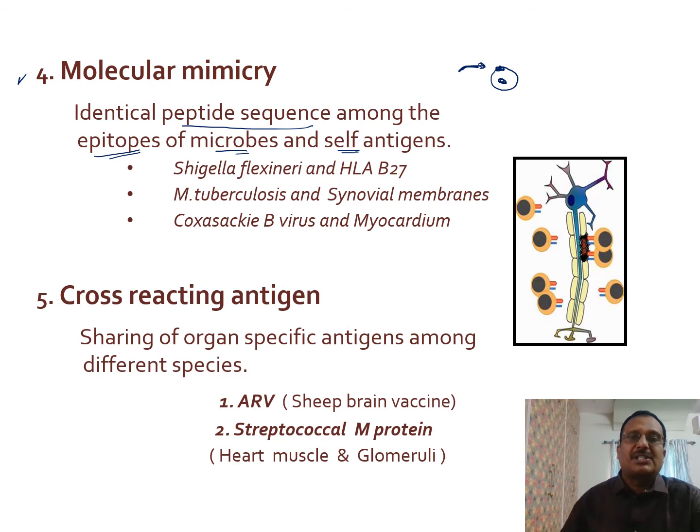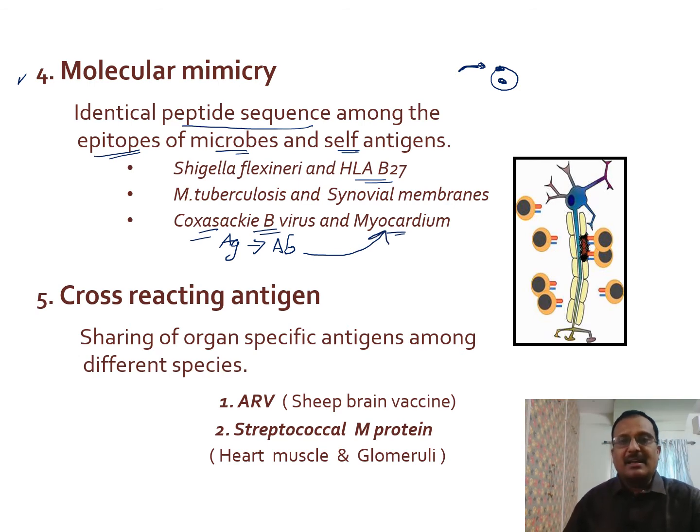Say, for example, Shigella species have the identical sequence of HLA-B27, and Mycobacterium tuberculosis and the synovial membranes of the joints will have this kind of molecular mimicry, and Coxsackie B virus and the myocardium in the individual. If you take one example, the Coxsackie B virus antigens produce antibodies, and these antibodies act on the myocardium of the infected individual.